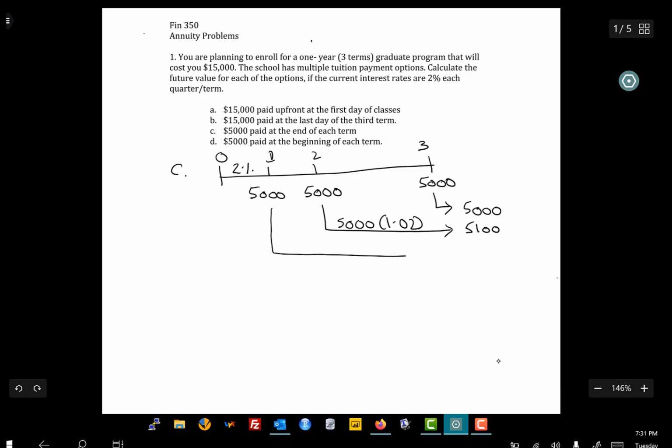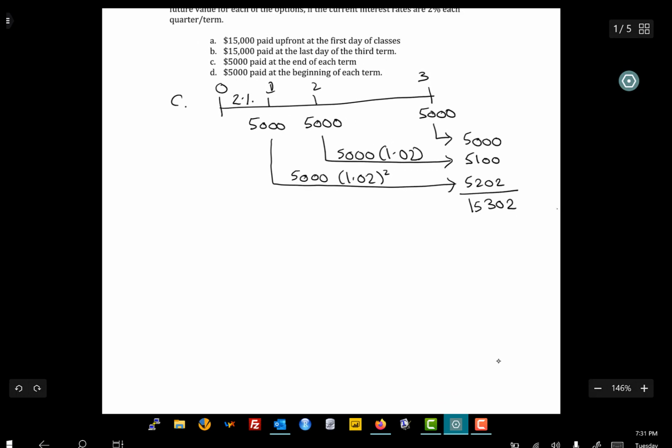And finally, the first one gets interest from time period 1 to 2, and then from 2 to 3. So that's 2 periods. 5,000 times 1.02 to the power 2 is 5,202. Add them up, you get 15,302.